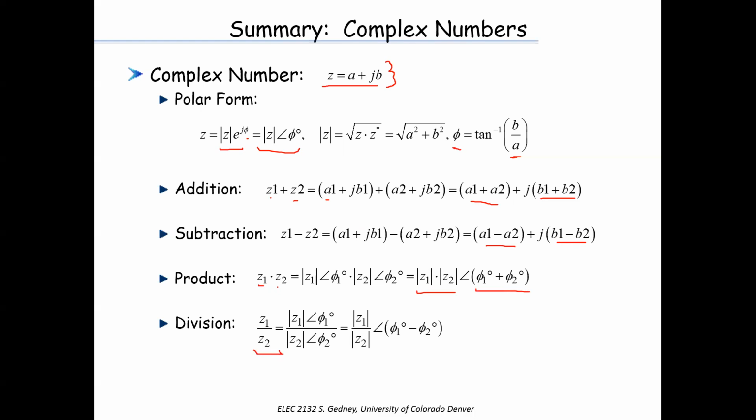When I divide two complex numbers, I divide the magnitudes and I subtract their phases, where the negative phase, of course, is from the complex number in the denominator. The reason it's negative, as we saw before, is because we're effectively multiplying by the conjugate, top and bottom. All right, that completes our review of complex numbers.